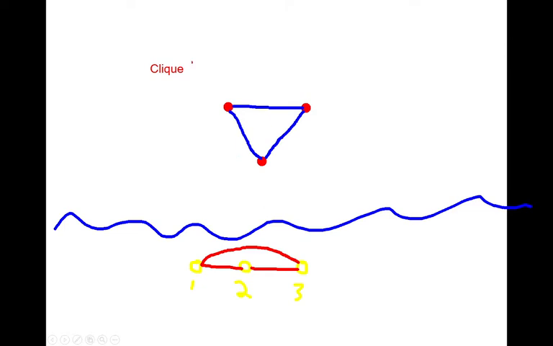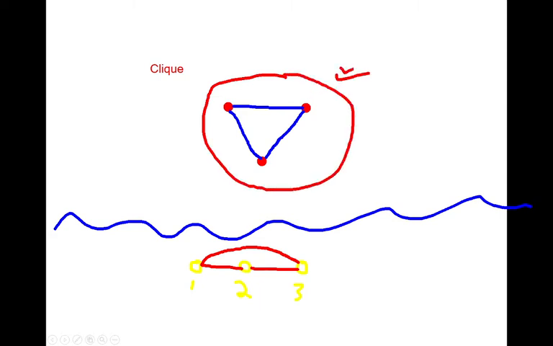So in a clique, every vertex is directly connected to every other vertex in the graph, right. So if you see here, this one is a clique, right. But for example, I make another graph, and if you see this, now this is a graph, but this is not a clique, because every vertex is not directly connected to every other vertex, right.